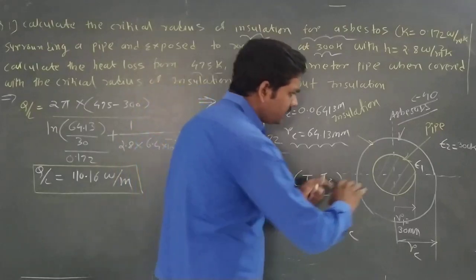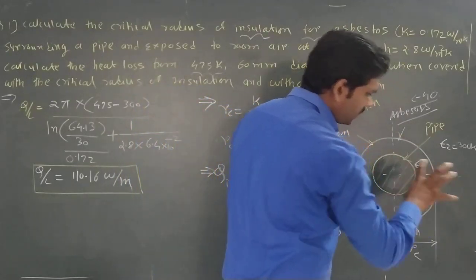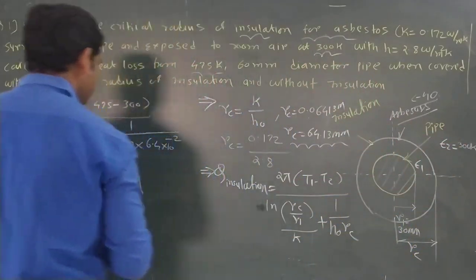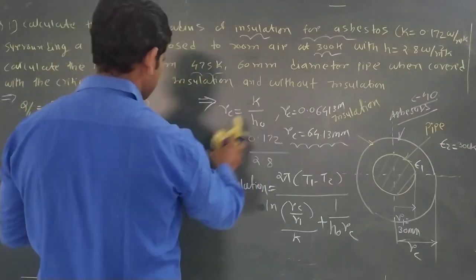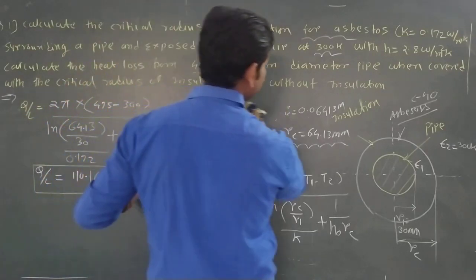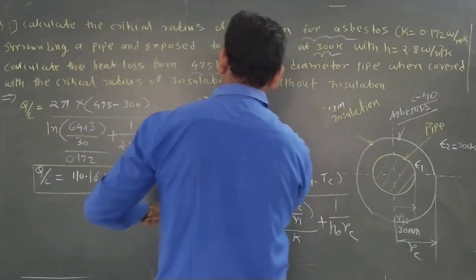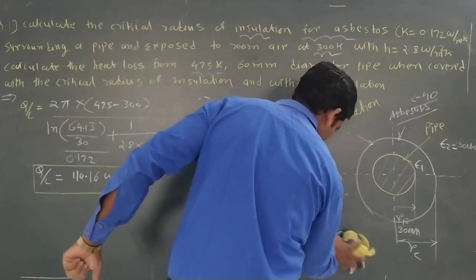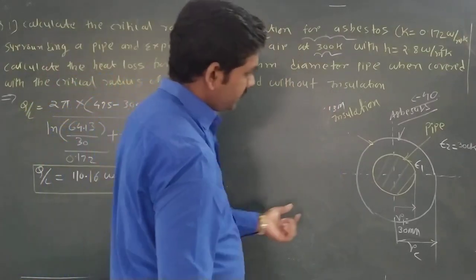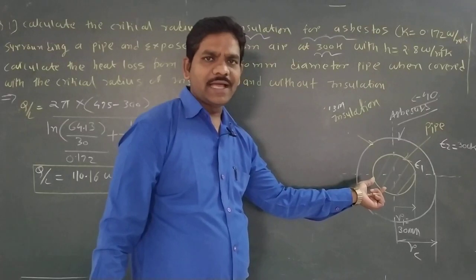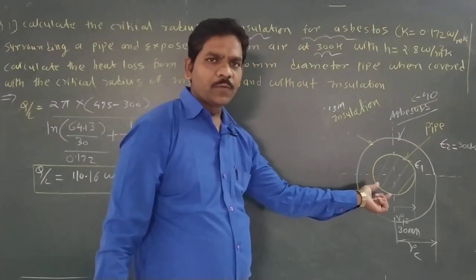Without insulation, we have to remove this insulation and only the pipe will be there. So see here guys, how to calculate these values. I remove this data. So now the asbestos insulation is removed from the pipe.